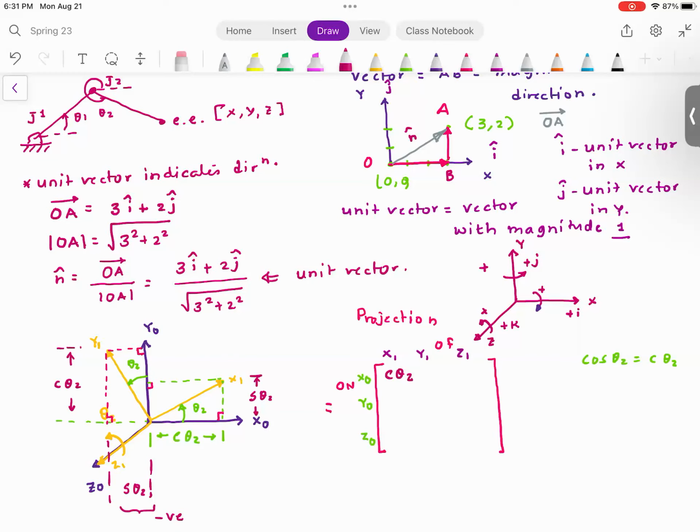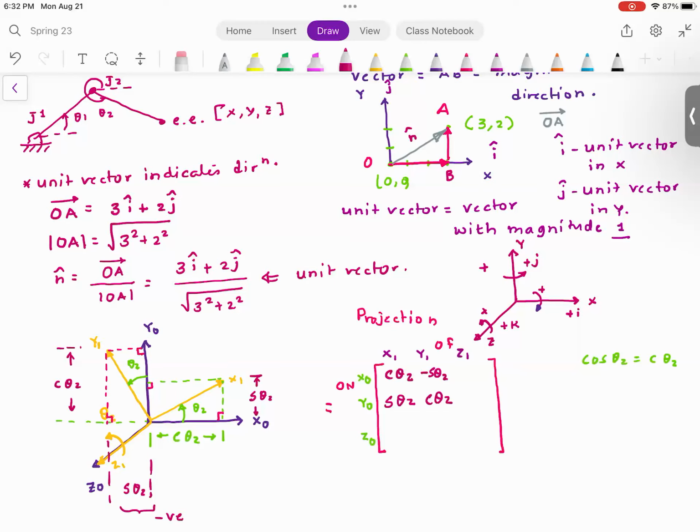Projection of x1 onto y0 is what? Sine theta z. Projection of y1 into x0 is minus sine theta z. Projection of y1 into y0 is cosine theta z. Projection of x1 onto z0, 0.